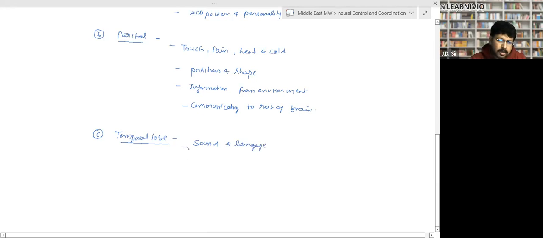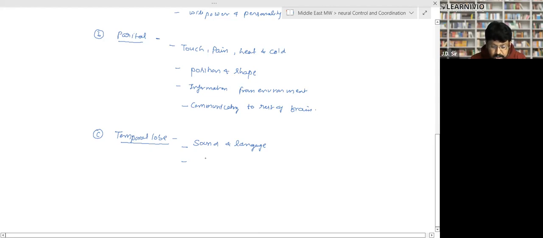It means all those nerves which come from our ear join the temporal lobe. They send the information to the temporal lobe. That's how we understand sound.